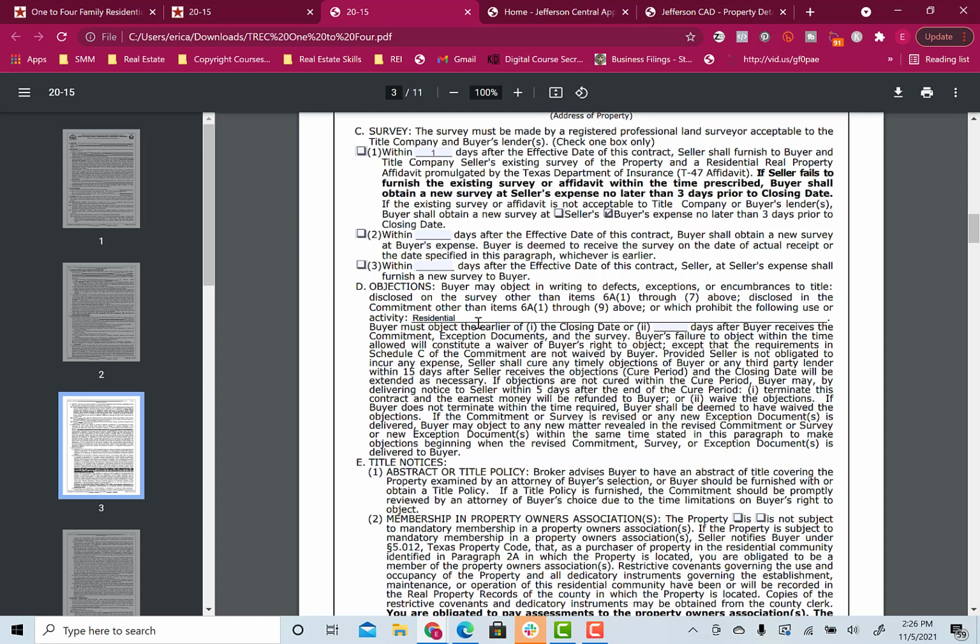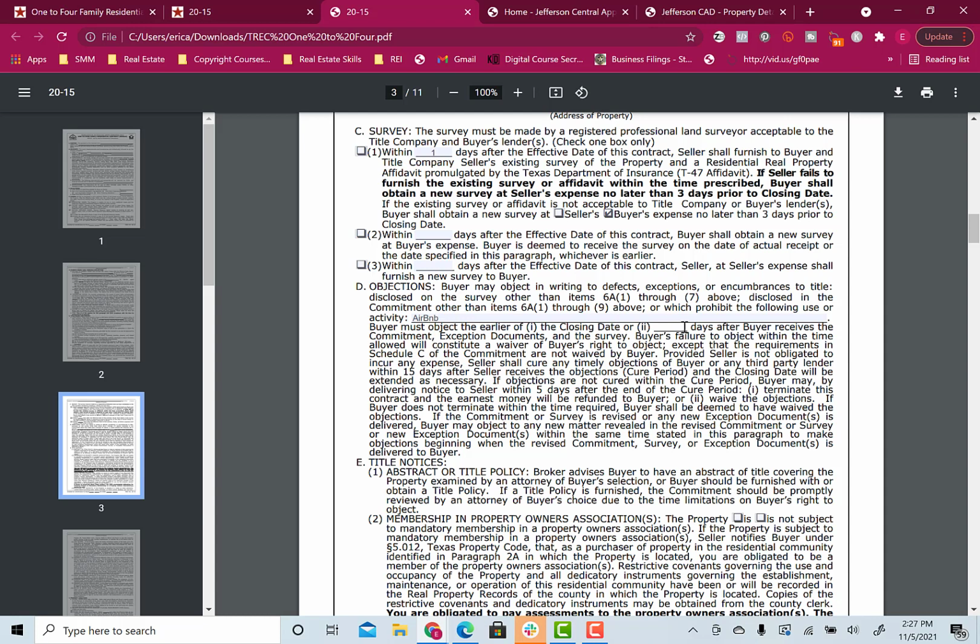So it's important to know exactly what you need to put here. So if this is a potential Airbnb and you want to make sure that that's allowed, then you can put that there. This is to determine if you actually have the ability to do that, and then you could back out if you find out you don't.